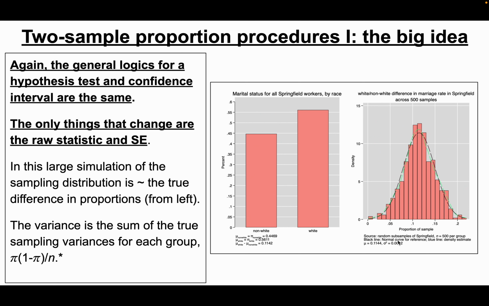There's a bit of a difference, again, that just comes from the fact that we don't have the true sampling distribution here. We just have a simulation thereof. But basically, we'll use that fact in just a moment, that the variance of this sampling distribution is closely related to the variance of the two underlying variables, the mean for the non-white group and the mean for the white group, or rather the actual variable itself for each group.